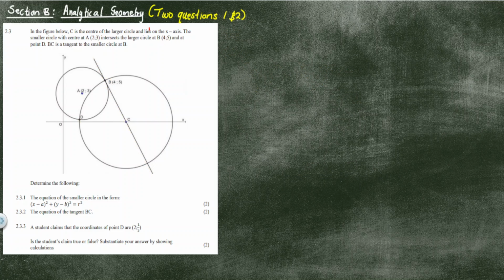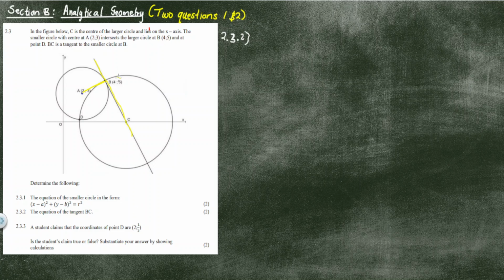Now we have to find the equation of the tangent BC. Same story. You find the gradient of the radius, and then you use that gradient to find the gradient of the tangent.